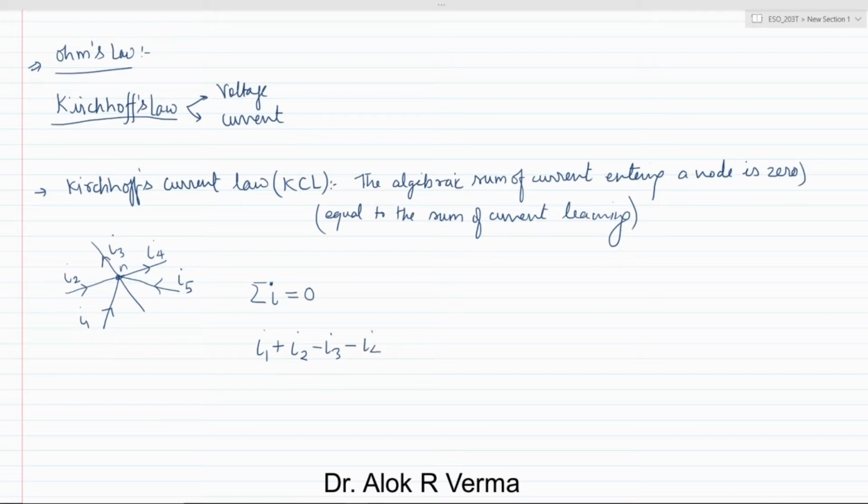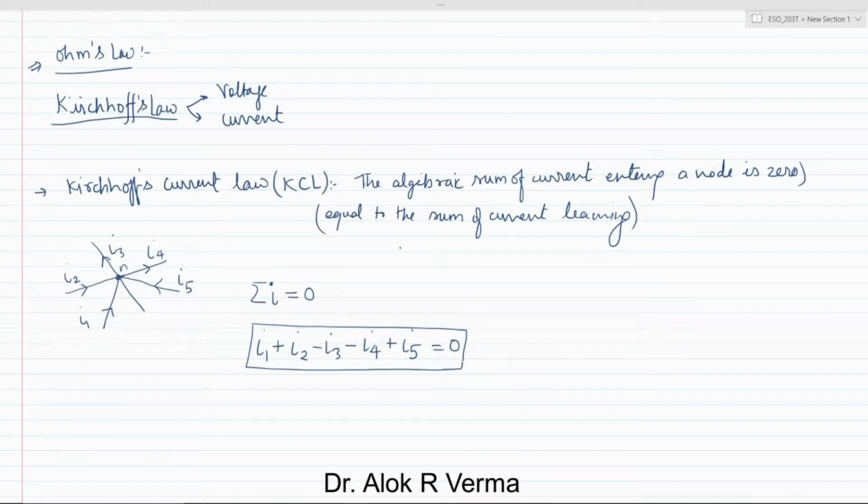Again I4 is also leaving, so it is also negative. And then positive is I5. The total algebraic sum is nothing but 0.